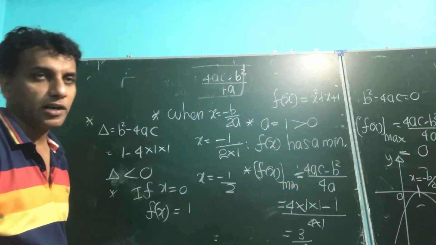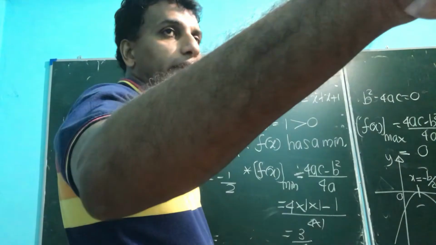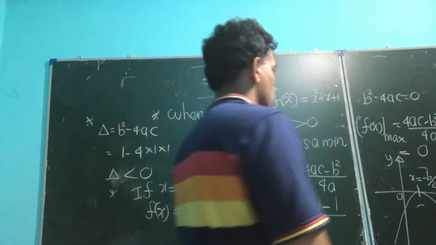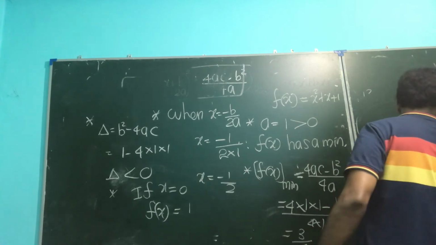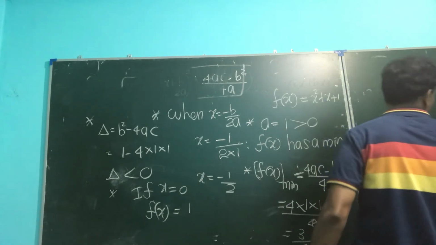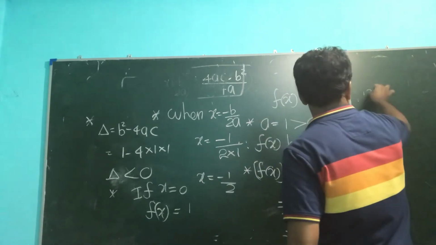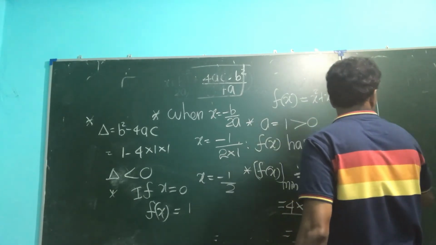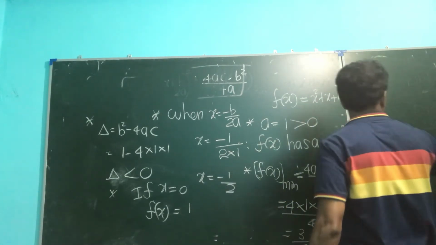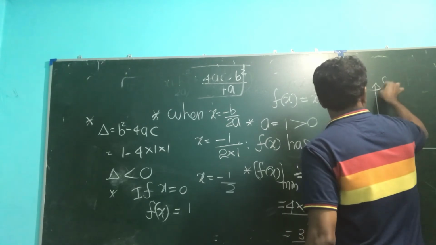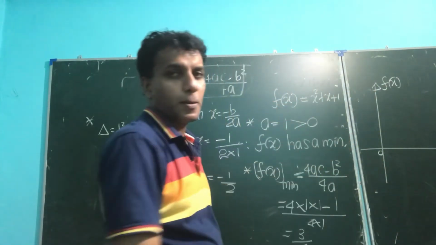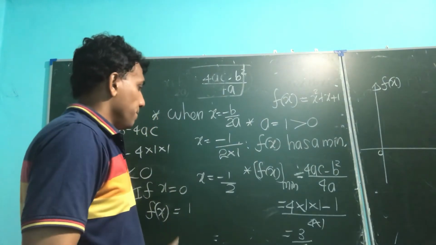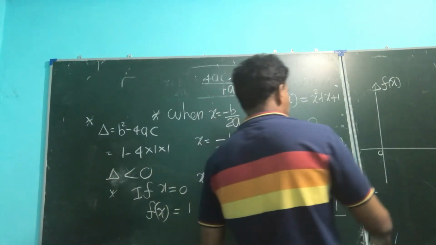Okay, that is enough to draw the rough diagram of this quadratic function. I'll now draw that. Now draw this minimum graph.